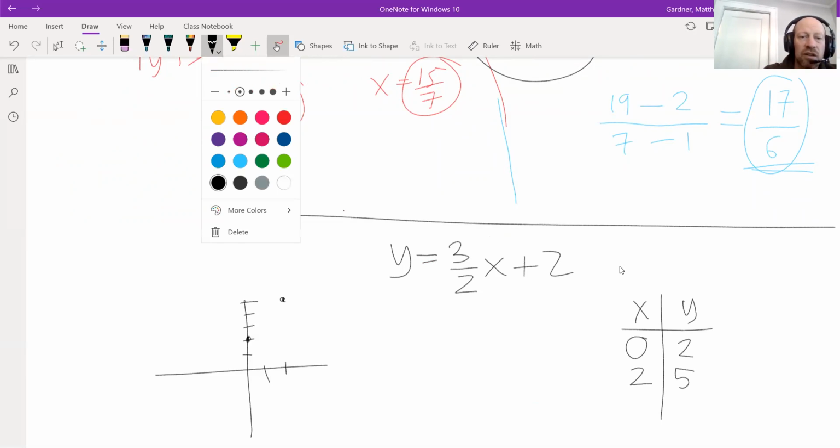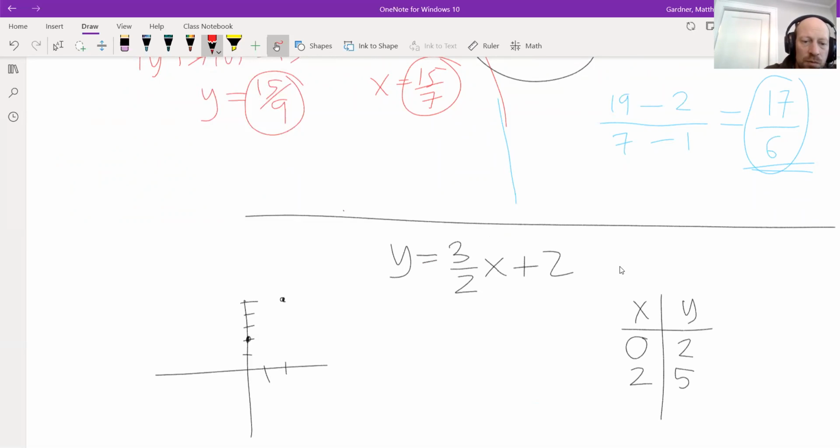So let's take a look there then at our slope. Our rise is going to be up 3, and our run is going to be over 2, right? The slope is always the rise over the run, which is 3/2.